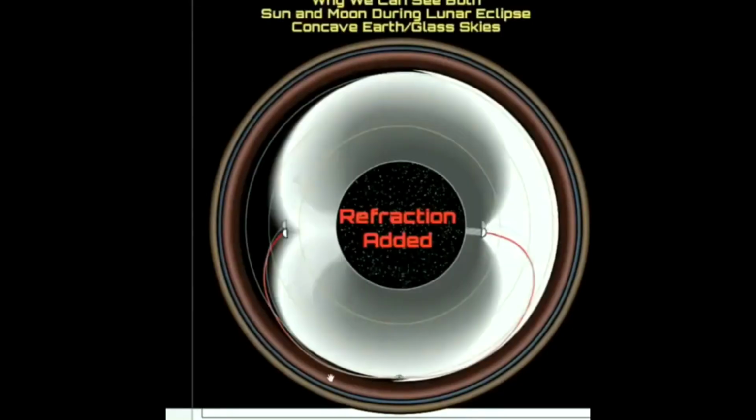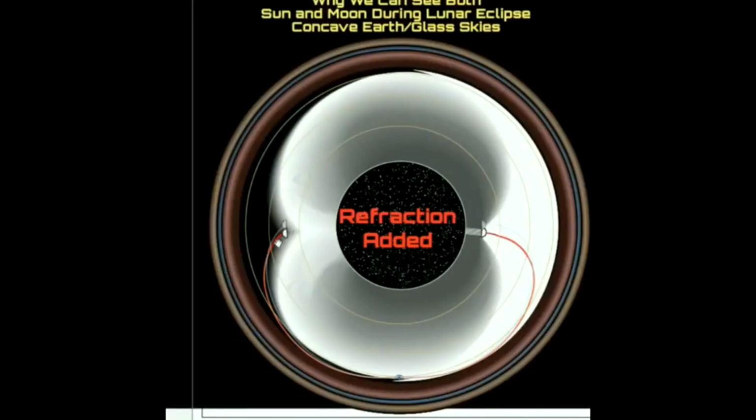So the observer's down here, and we're seeing the moon and the sun simultaneously, even though they are anti-solar. Okay, so see these top little half spheres? That would be if there was no refraction and they were perfectly anti-solar like that.